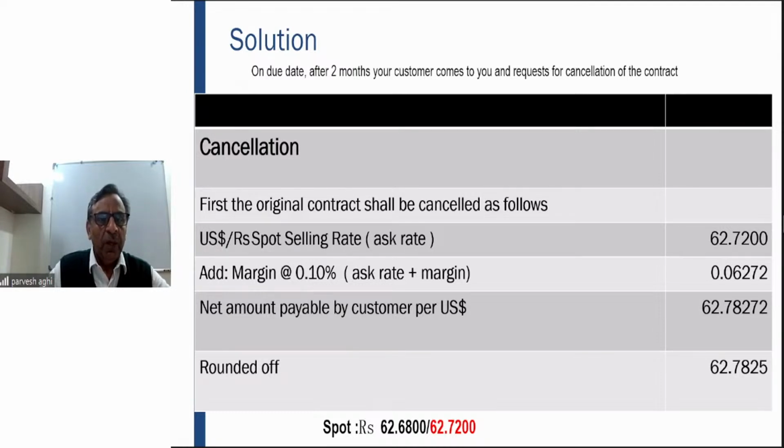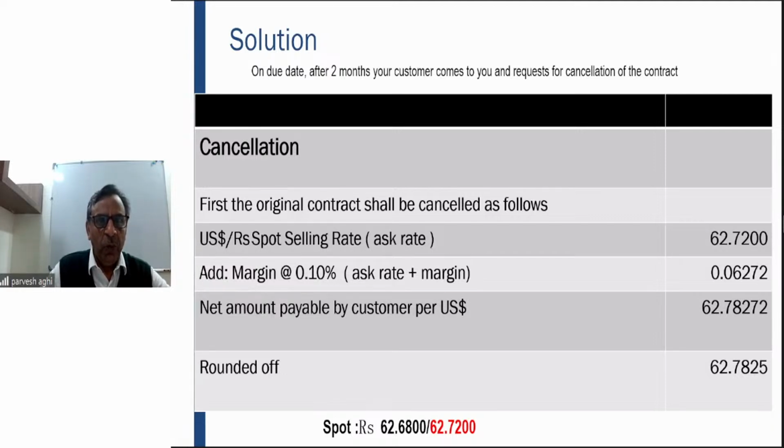The contract shall be cancelled as follows. The US dollar spot selling ask rate is given as, for you the buying rate, and for the bank a selling rate, 62.72. You have sold first, and you are going to buy now, so the contract will get cancelled. The margin is given, so we need to add the margin.